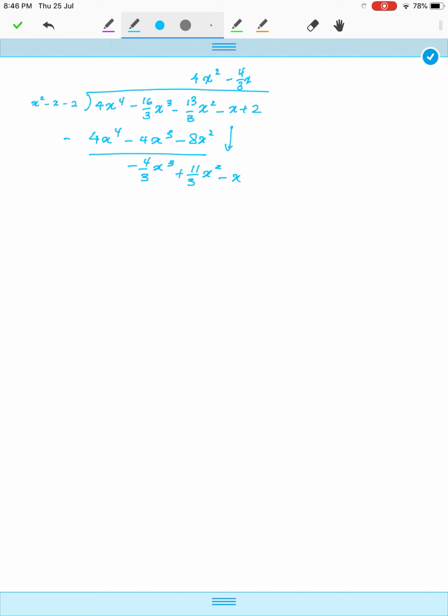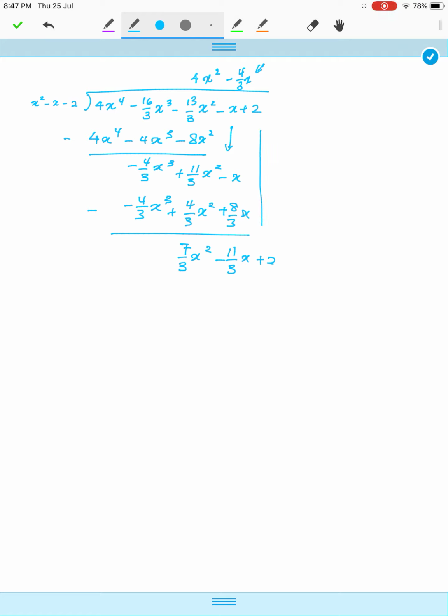Now when you multiply by negative 4 over 3, what you have is the same, negative 4 over 3x cubed plus 4 over 3x square plus 8 over 3x. So when you minus that, you're going to have 7 over 3x square minus 11 over 3x plus 2.